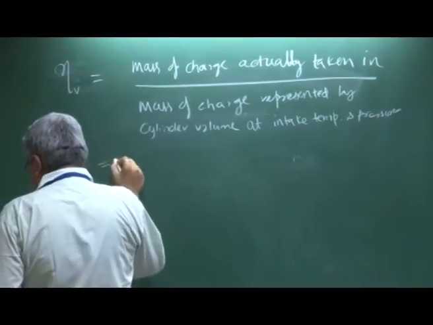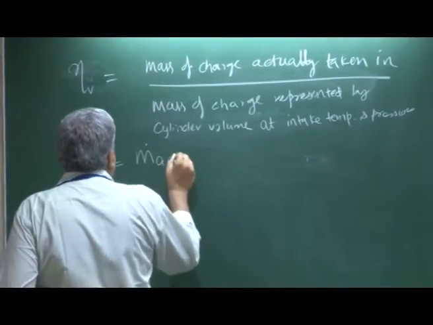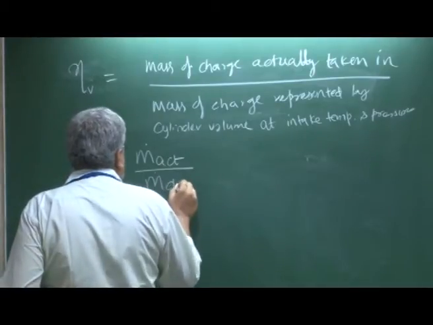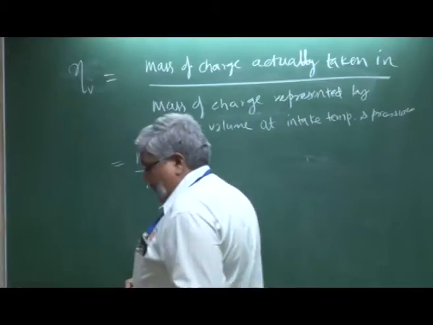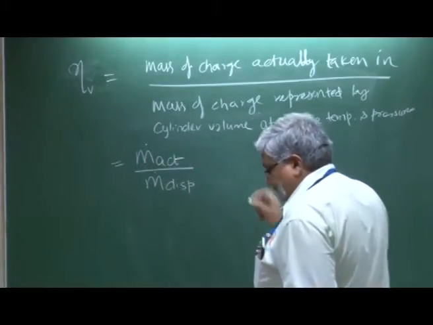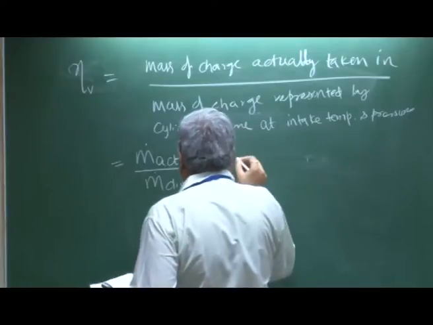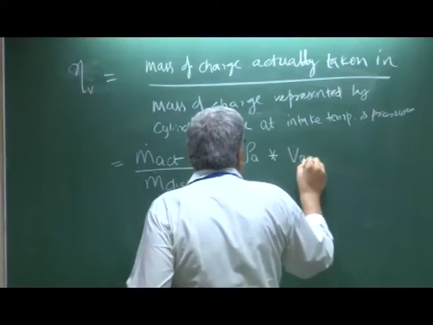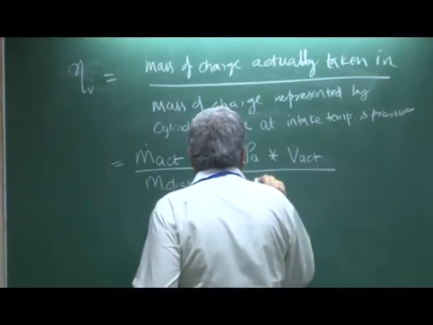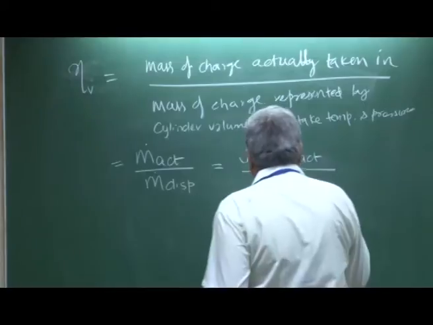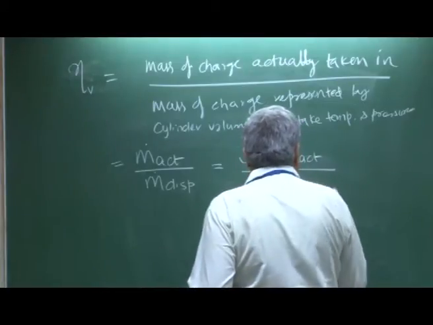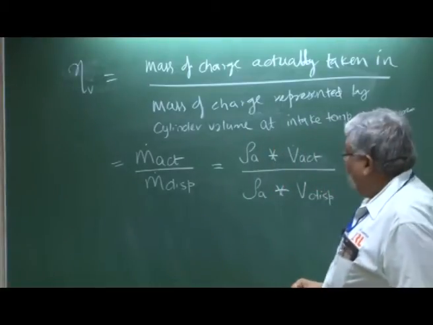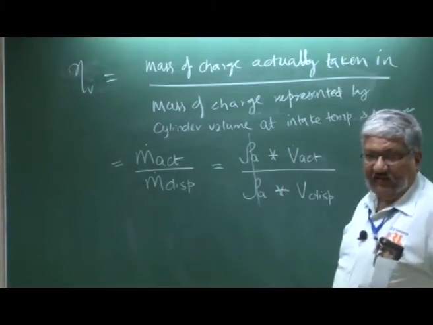So, this can also be written as actual mass taken in divided by the mass taken in by displacement volume, and this can be written as density of air into actual volume flow rate divided by density of air into volume flow rate of the displacement volume. Mass is density into volume, and the density will cancel out, as I said.